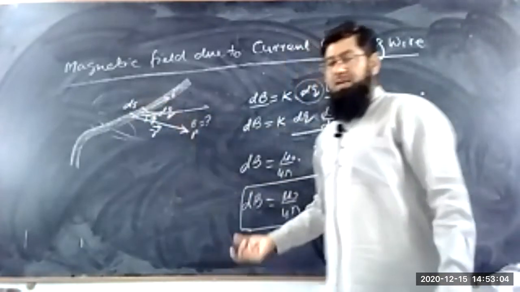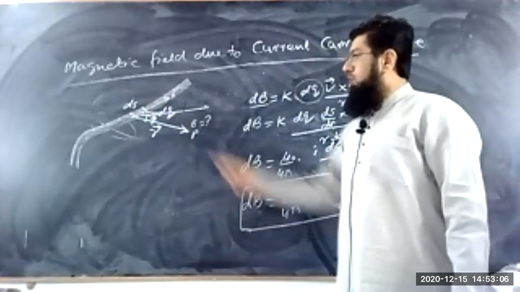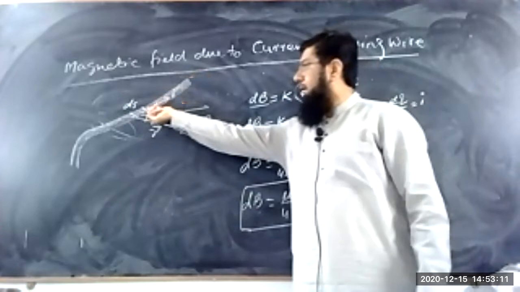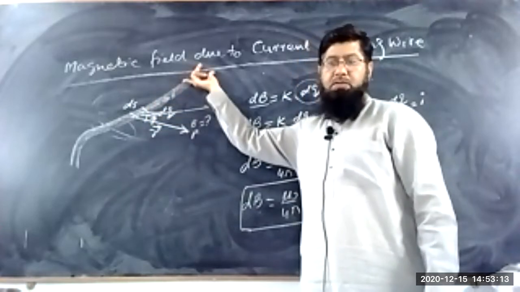In order to calculate the total magnetic field, this is a continuous symmetry. So for the continuous symmetry, we have to add up all these things in the form of an integral.